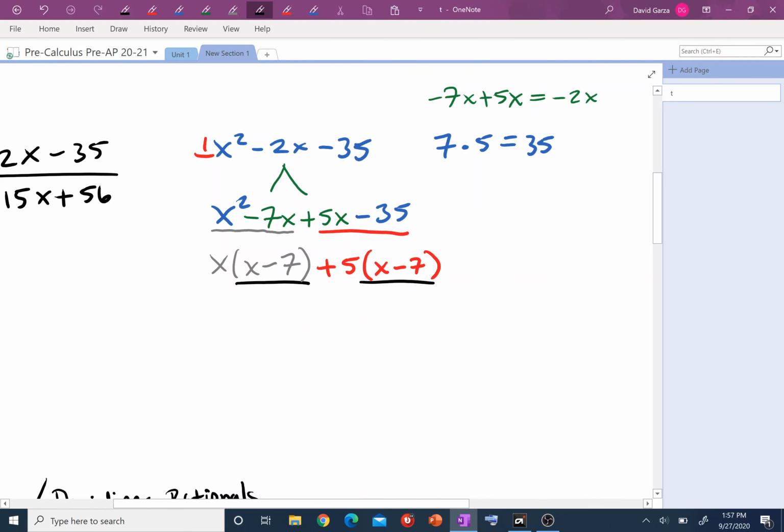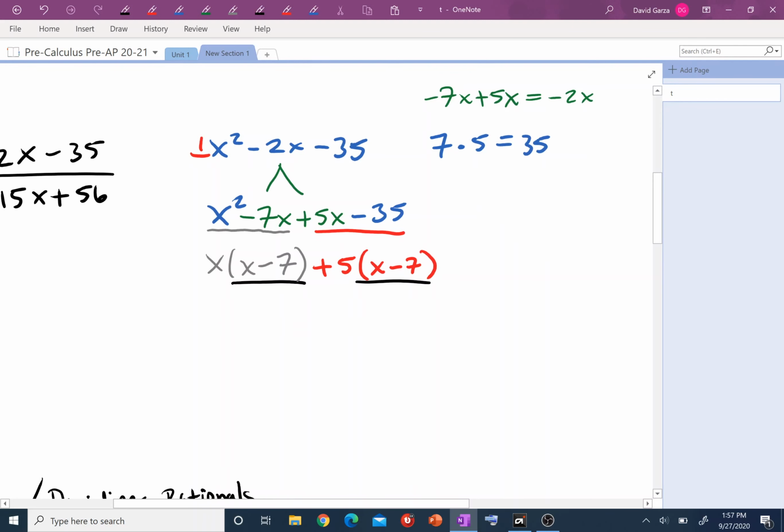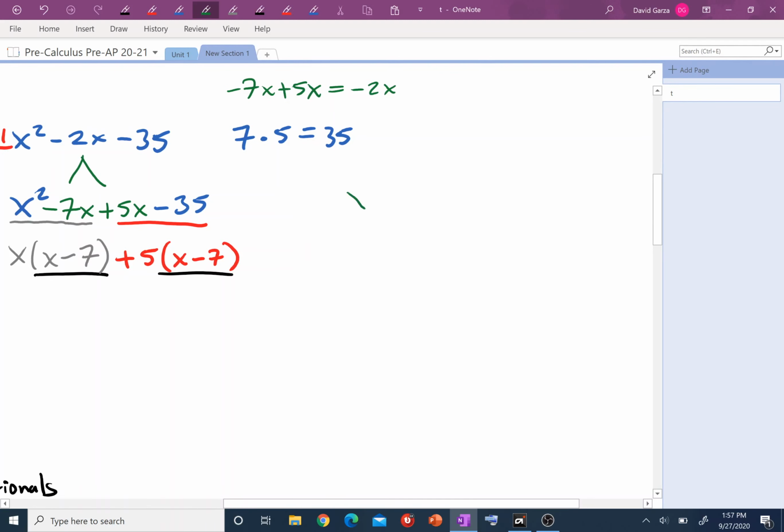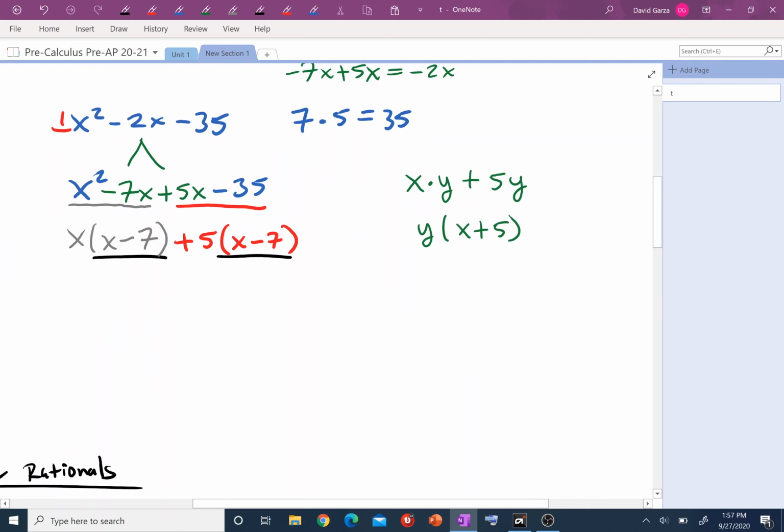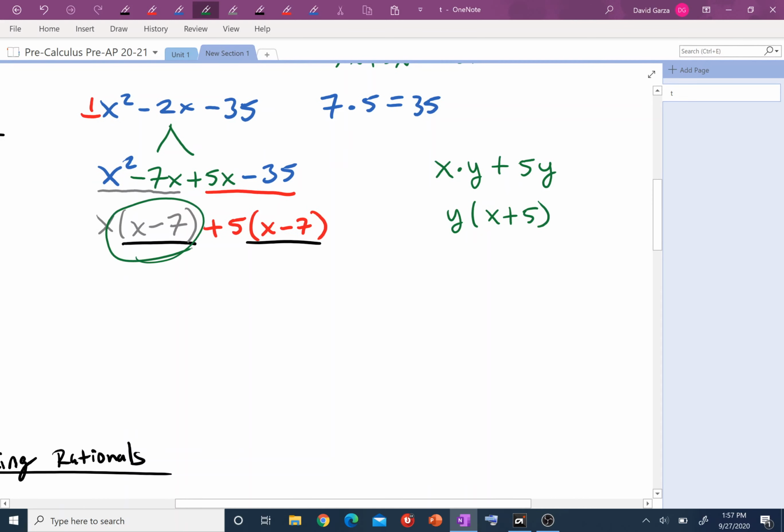And if this doesn't make sense, forget about x, right? Let's look over here. Say that we have x times, let's put a letter here, y. X times y, and then we have 5 times y. What does this have in common? A y, right? So we can factor out a y, and we would be left with x plus 5. In this case, what I'm saying is that this is a number.